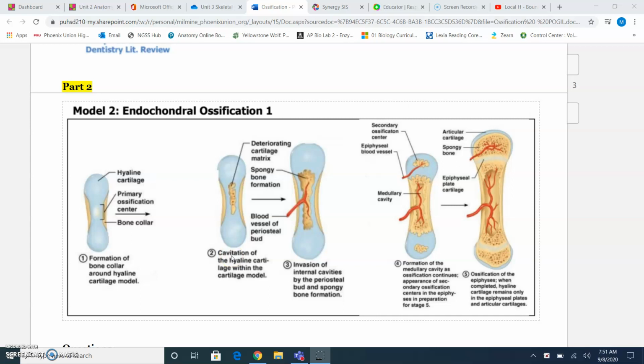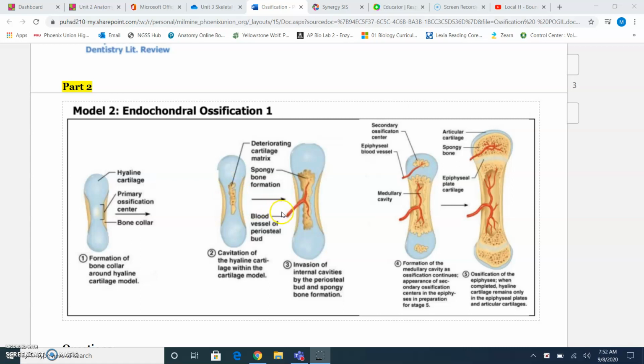Recall that we have the medullary cavity that makes up the innermost region of our bones. So we definitely need that cavity to form. We can see here it's kind of completely filled in with cartilage, so we need to form that cavity. So we'll have bone form and then kind of start to create that cavity by breaking down the cartilage that happens to be found in that region.